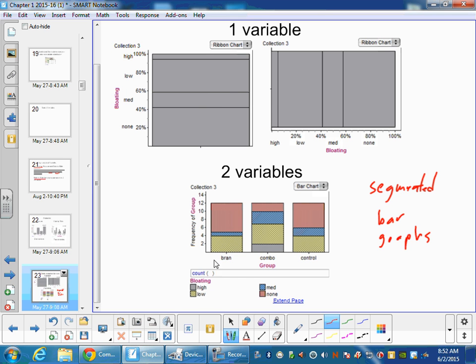So you can see low is here, medium is that much, and the rest is none. Over here it's in percentage, and over here they have it as just frequency, or the number of times. So it all just depends on what you want your graph to say.